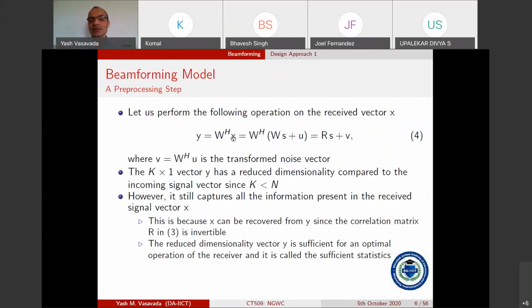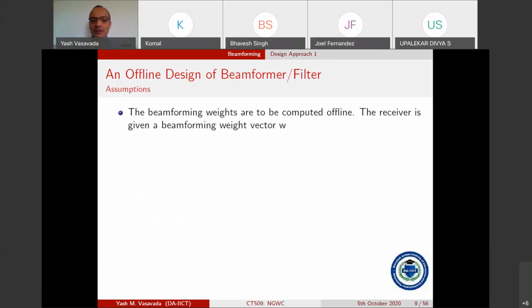W Hermitian times the output of the array. So this is the question that I had asked you, and I think the clear answer I didn't get last time, that this vector Y is nothing but the single user matched filter output. And that is what we are showing by this diagram.